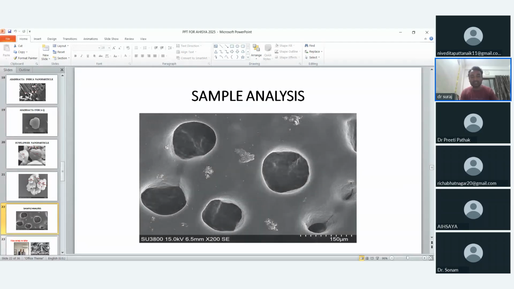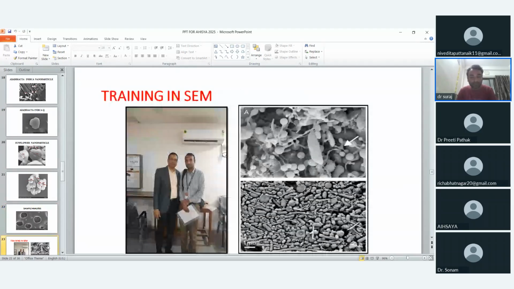Now this is our workshop conducted by Micro Nano Department of the Parul University for facilitating nanotechnology in various disciplines like agricultural sciences, like homeopathy, like Ayurvedic sciences, like information technology, engineering, chemical branch.